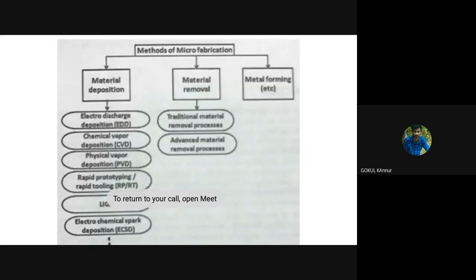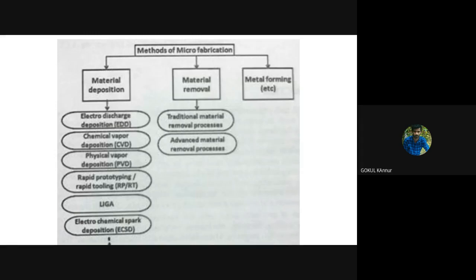Okay, so mainly or broadly we can classify these methods of microfabrication or micro machining into three: material deposition and material removal, that is the main classification. Along with that, other processes are also there, like metal forming and all, where there is no addition or removal, but just changing the shape.